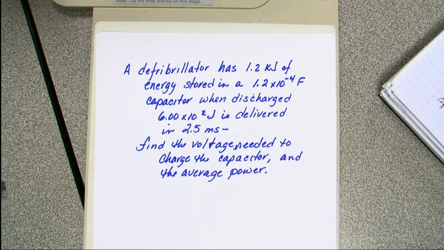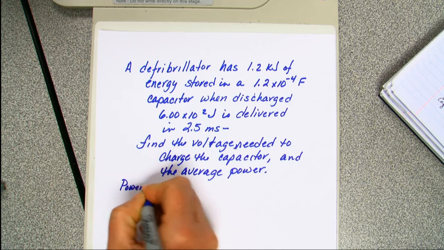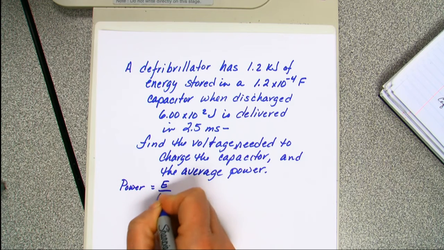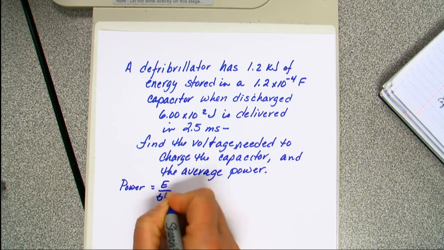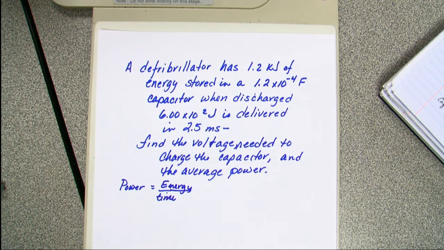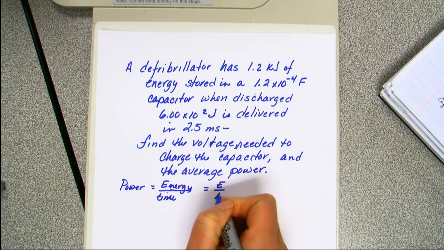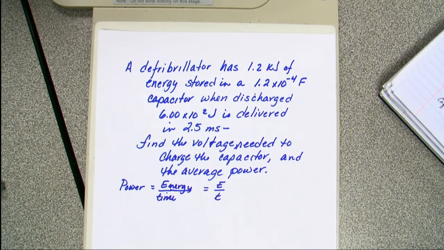Couple things that we need to know, right? One is we got to remember what power is. So let's remember what power is. Power is energy over time. And guys, if it helps, because if I just did E over T, especially right now, what does that E mean to you?